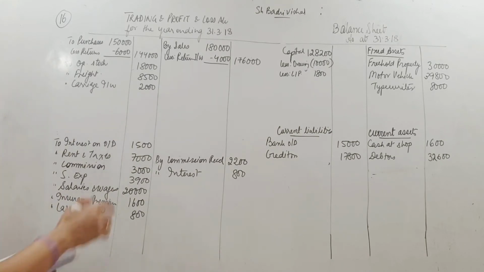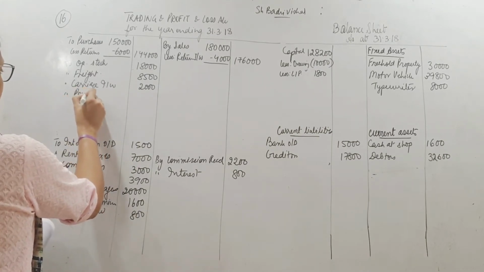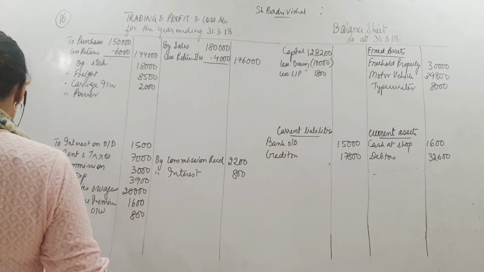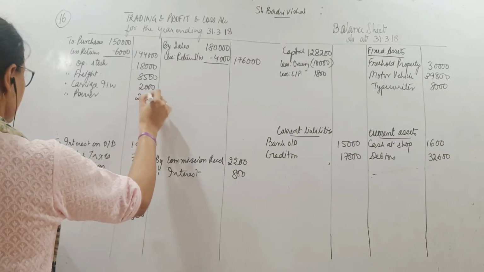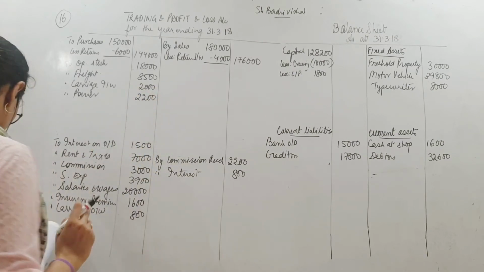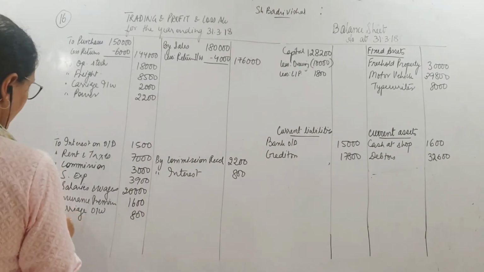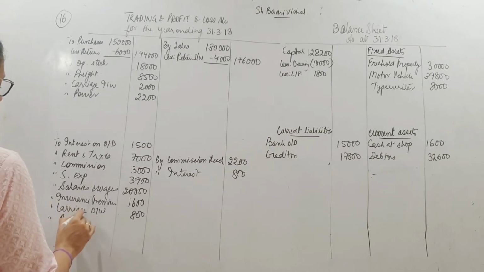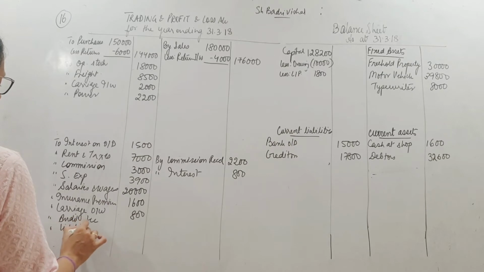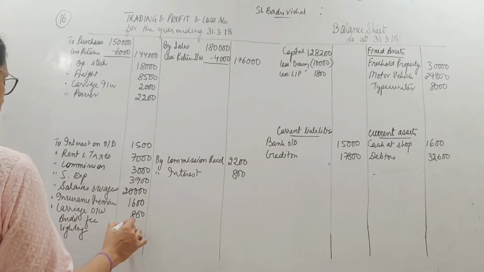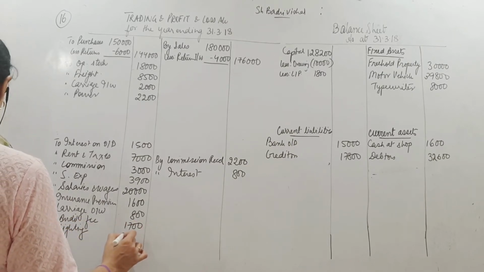PAR is always related to factory, manufacturing expense. So PAR will be 2200 on the debit of trading. Audit fee and lighting. Audit fee and lighting. Lighting, it is not mentioned for factory, so we will assume both are for like indirect expenses only.